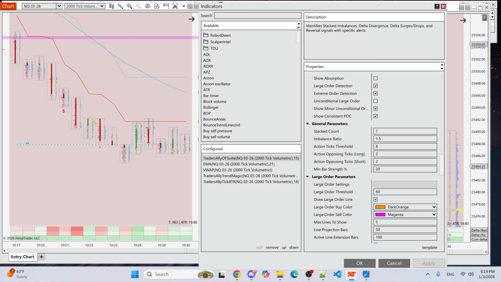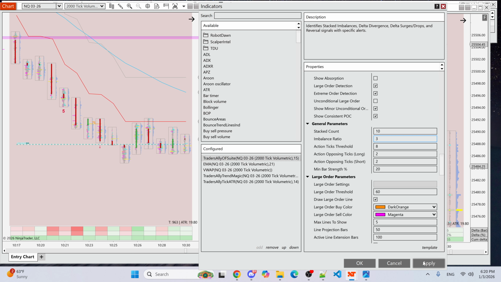So it means we had at least one imbalance on the lower side, and no imbalance on the upper side. If we set this to 10, it should still display as that action setup. It still displays the action setup because it doesn't care about the stacked count. It only cares about the imbalance ratio.